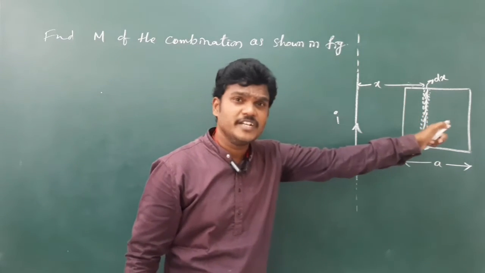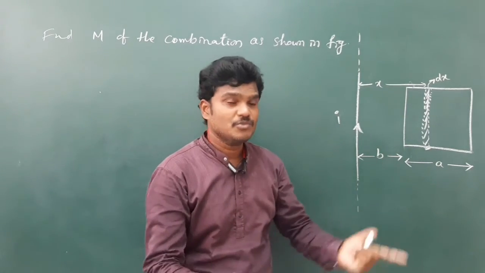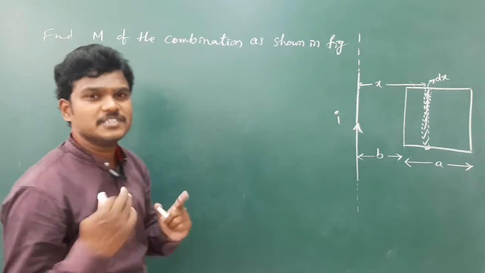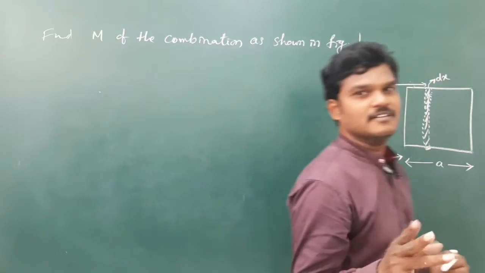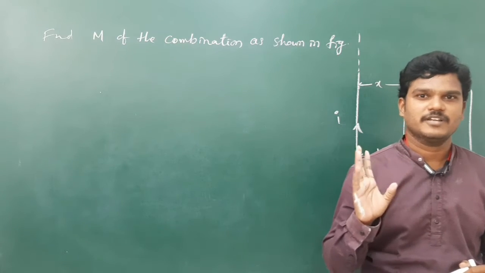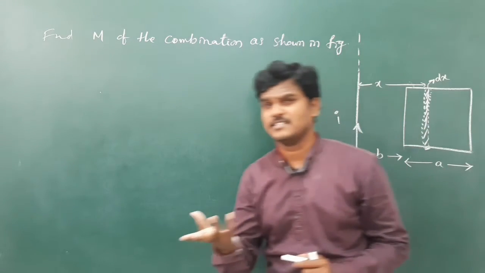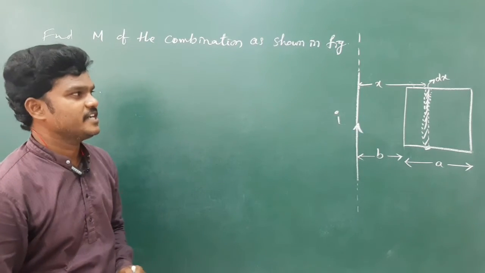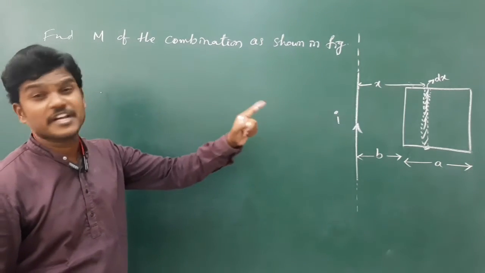As the field varies, flux varies. So first you find the magnetic flux. Once we get the magnetic flux, we can find the mutual inductance between them. By using flux, we can write it as M I, then we will get the mutual inductance. So try to find the magnetic flux.